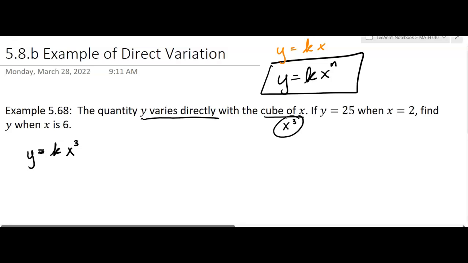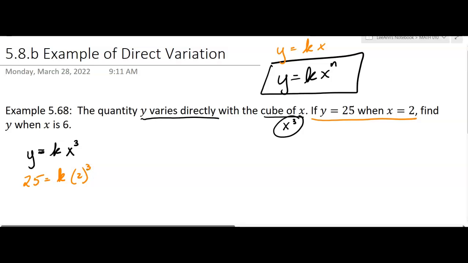Now, in the next section, they're going to give us enough information so we can find k. So if they tell you the variables y and x, then you can figure out what k is. And that's what we've been working on. So it says if y is 25 when x is 2. So I know y is 25 and x is 2.